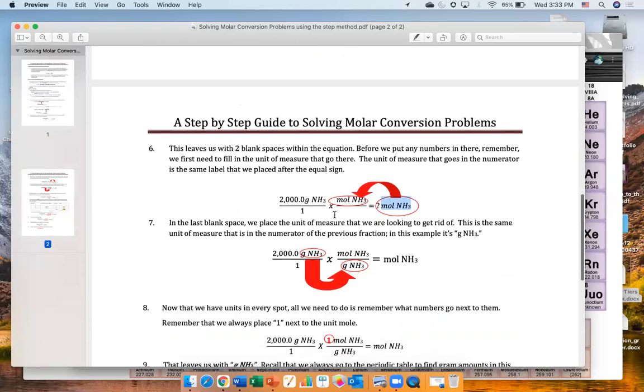I hope you can start to see why I do this step by step, because every step that you do allows you to do the next step. It allows you to take what you've put in there and do something else with it. Because I filled in this back part of the equation, I'm able to flip that into this spot. So the unit of measurement that goes in this spot right here is whatever I've put behind the equal sign. Now I've only got one gap left in this equation. So we go on to step 7.